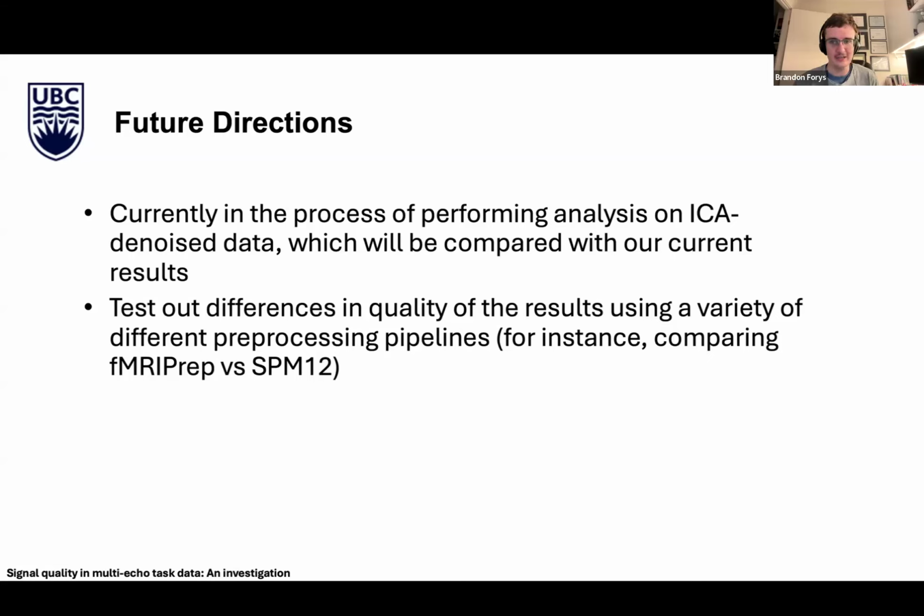So all this to say, we are trying to figure out ways to do effective evaluations of task-based fMRI at each individual echo, and to see how that looks before and after we do denoising. I think some of the tools that have been shared today, that people like Michelle are working on, are also going to be very useful for that.